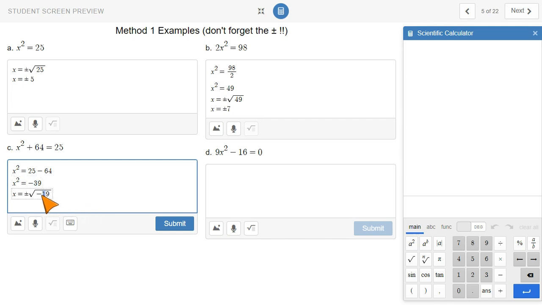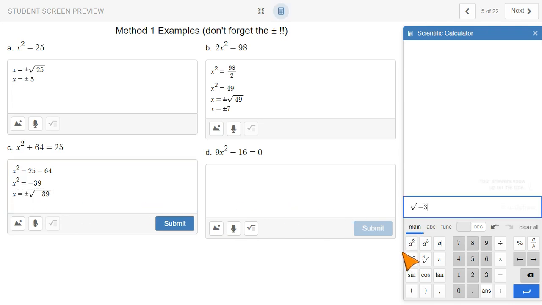Okay, let's take the square root of negative 39. You'll realize that no matter what calculator you use, you're going to have an answer that's undefined.